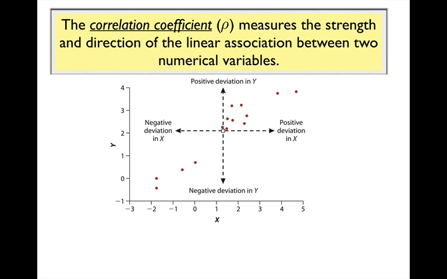Create a quadrant, center of that point. And then what you say is, where are all my points relative to that middle square? Okay? If they're mostly in the positive deviation in y and positive deviation in x, and in the negative deviation in x and negative deviation in y, then you would get a positive slope linear relationship between those variables. Okay.